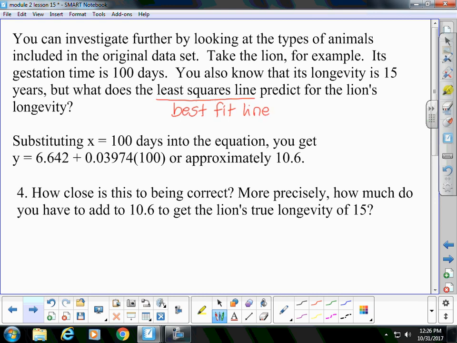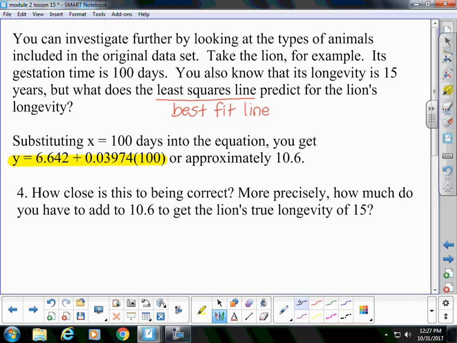Keep using this new vocabulary on us, but it means the same thing that we've already been talking about. So what does the least squares line predict for the lion's longevity? That just means that we would take 100 and substitute it into the equation, which they did right here. Took the equation y equals, substituted in 100, and they got 10.6.